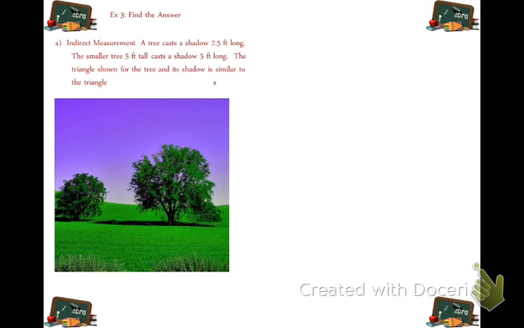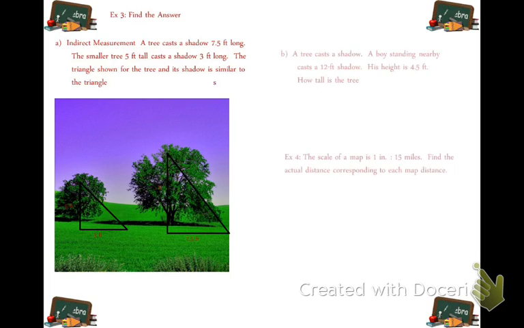All right, so this one's a little different. So, indirect measurement. A tree casts a shadow 7.5 feet long. So this one is 7.5 feet long.